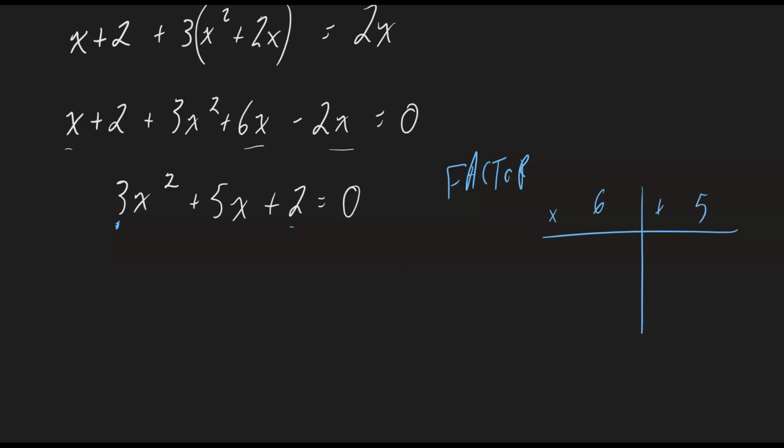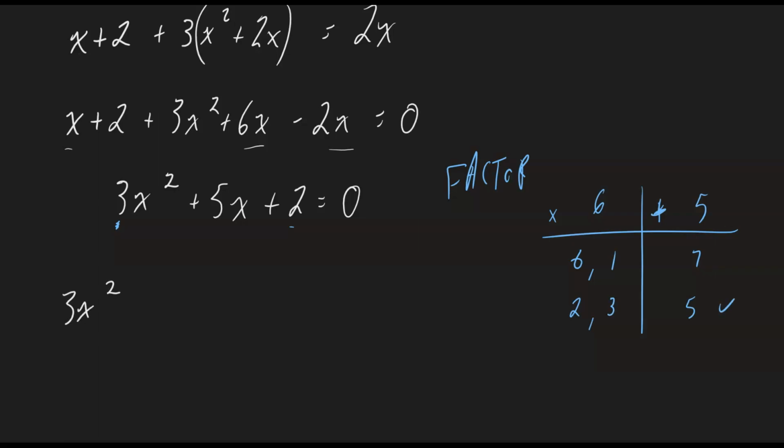So we can think about, okay, 6 times 1, 2 times 3. Well, 6 times 1, that sum is 7. That's not right. 2 and 3, that sum is 5. Right, we're right there.